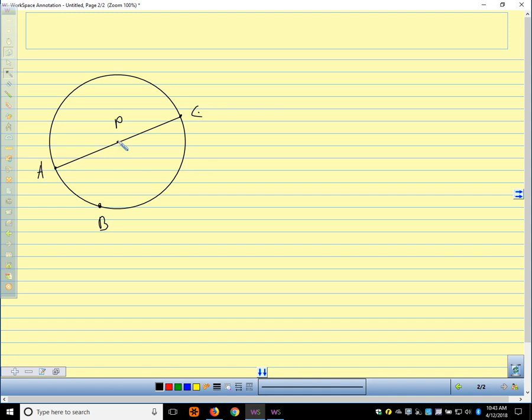So the way we would label a semicircle is I would say arc ABC. And this tells us start at point A, go through point B, and get to point C. Arc ABC is a semicircle, and we can tell because the endpoints are the endpoints of the diameter.